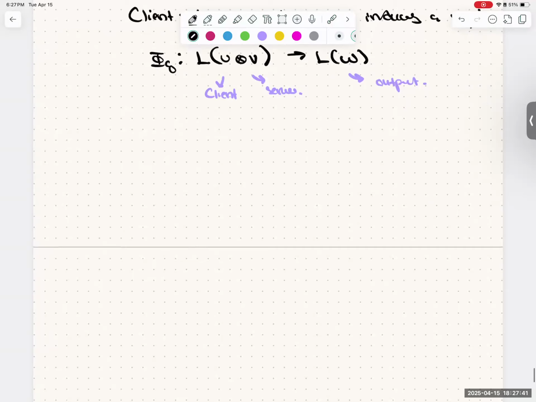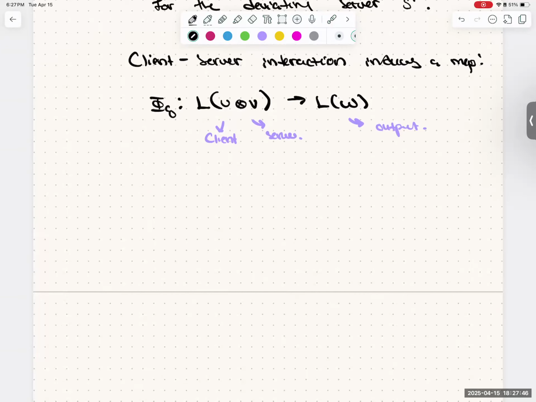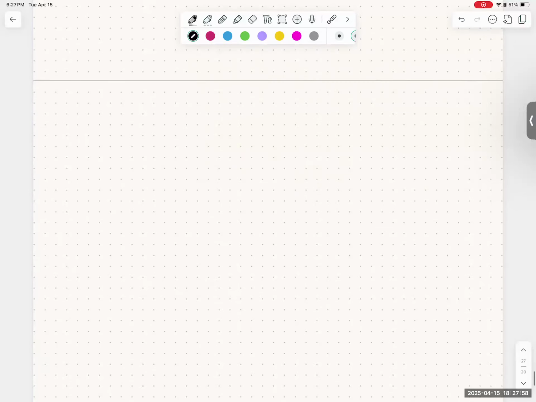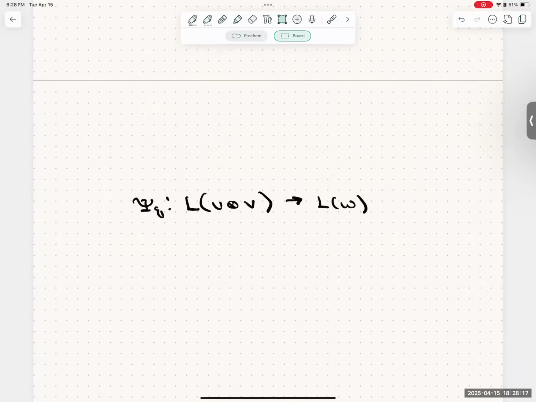And I already said that the server is trying to use this output space to obtain information about the client's computation. In addition to this, we also define a strange sort of notion, from my point of view. You define another map which has the same input and output space. This thing is called a simulator.